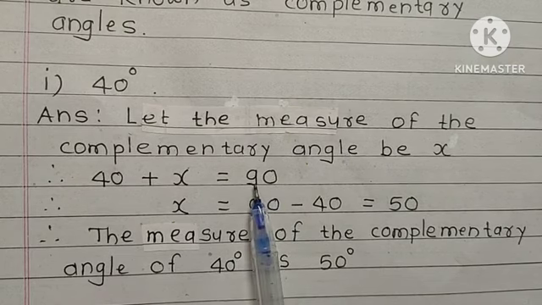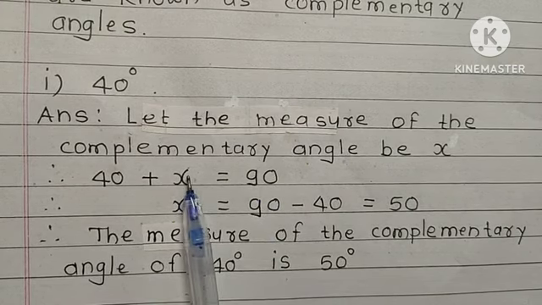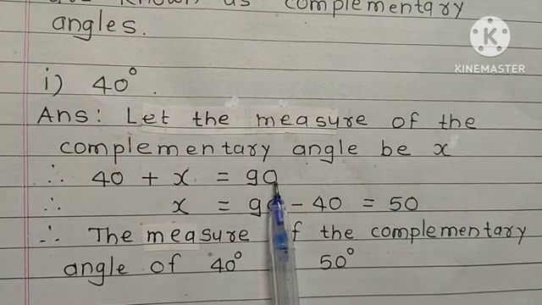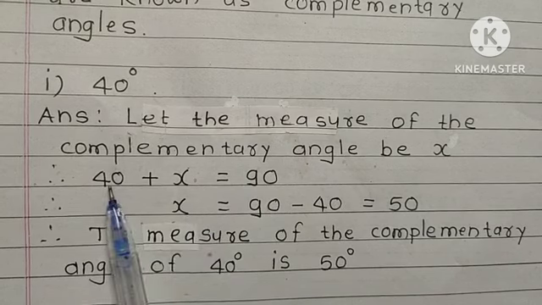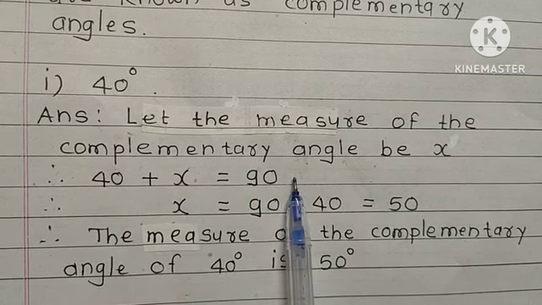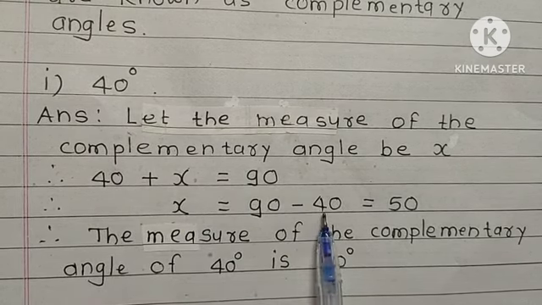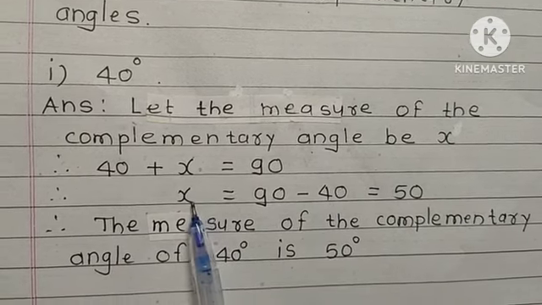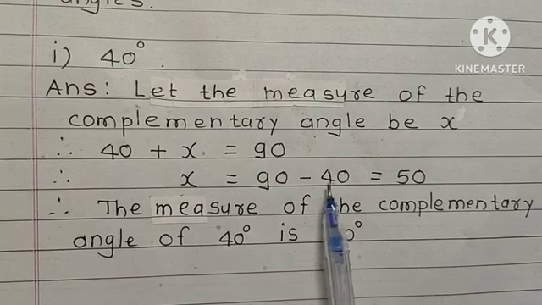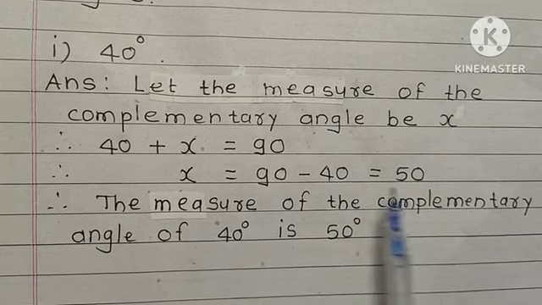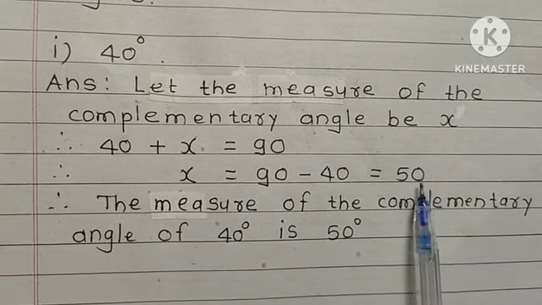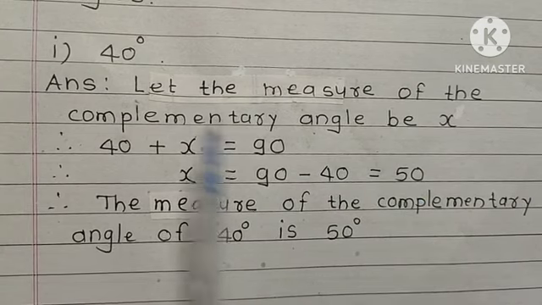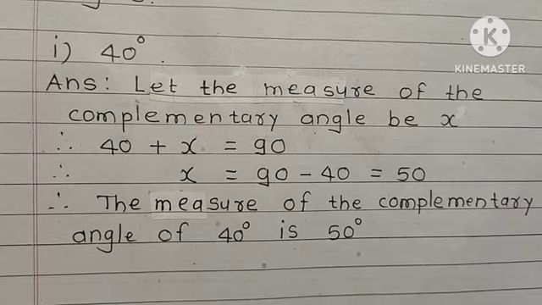This is the main condition. Sum of two angles should be 90 degree. So taking this 40 to right side, it will become negative. That means x is equal to 90 minus 40, that is 50. So this 50 is the complementary angle of 40 degree.